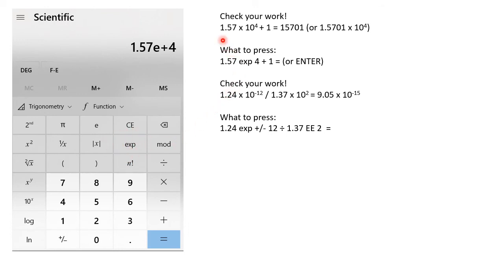So to put in 1.57 times 10 to the fourth, I'm going to do 1.57 EXP 4. If I need to do a negative exponent, like this 10 to the minus 12, I'm going to type in my numbers and hit EXP, and then hit this plus minus button to get my negative exponent in. So please try that out. You should be able to get my answer.